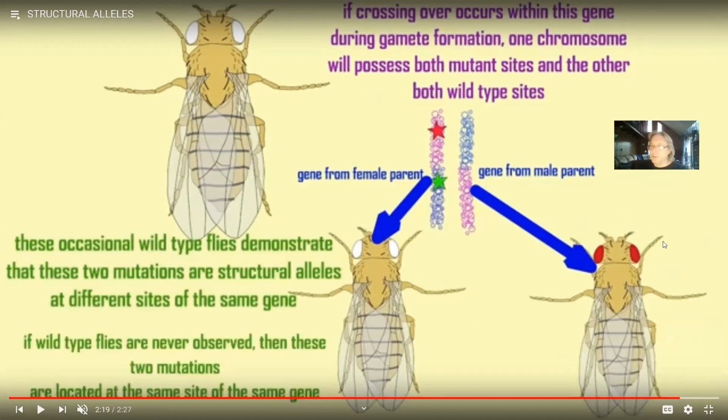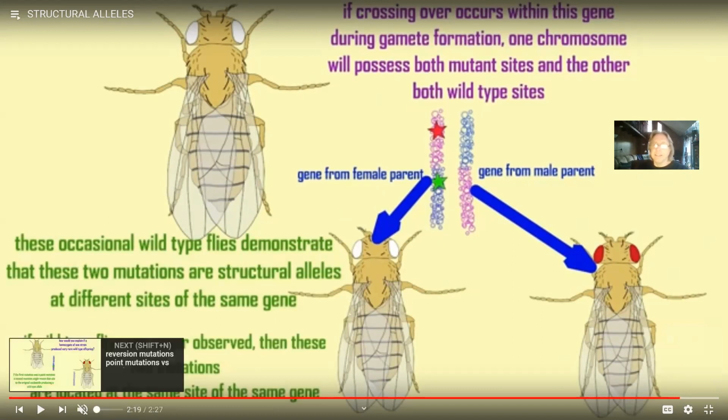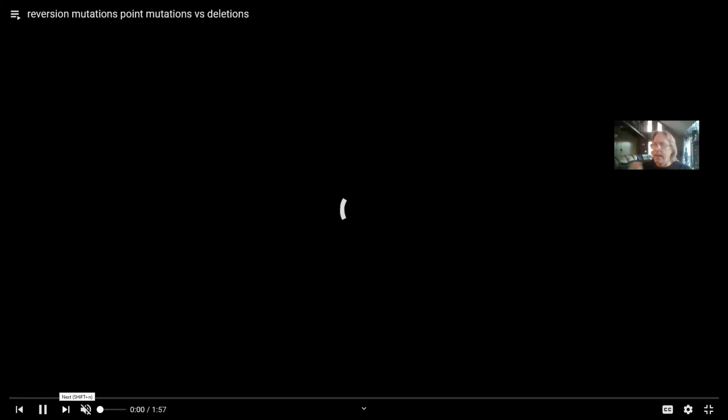If you never observe these red-eyed flies, if all you have are white-eyed flies, then you might conclude that the mutations in these two strains are located at the exact same spot in the gene.